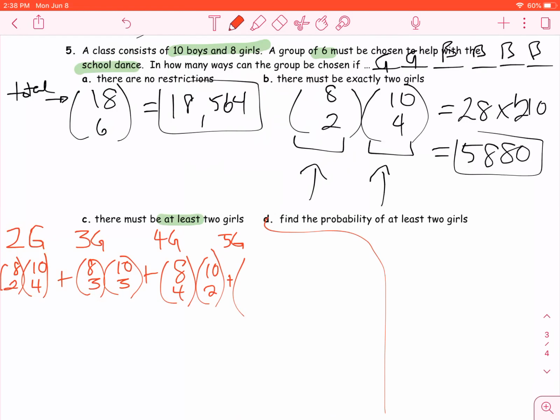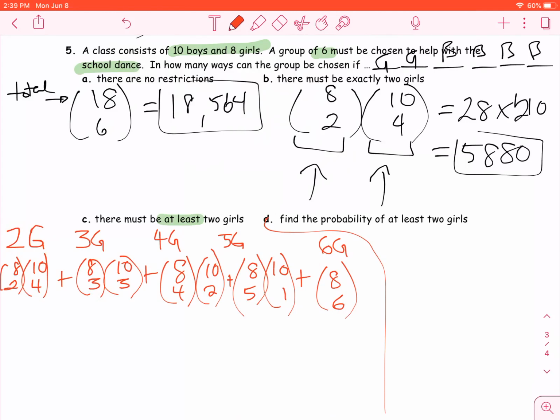For 5 girls, that would be 8 choose 5, 10 choose 1. And if there were all 6 girls, then we wouldn't need to consider any boys. That would just be out of the 8 girls, I want you to choose 6.